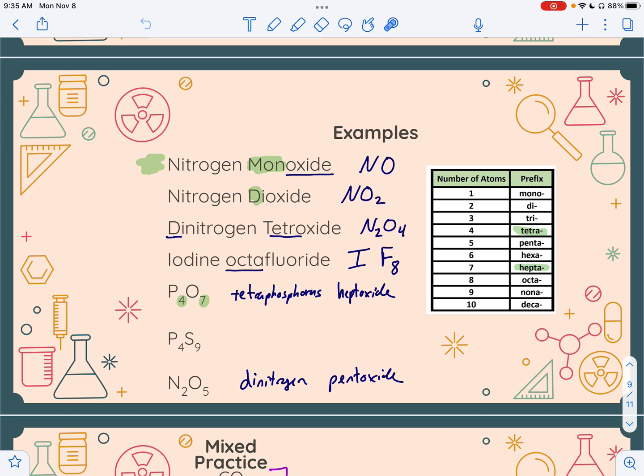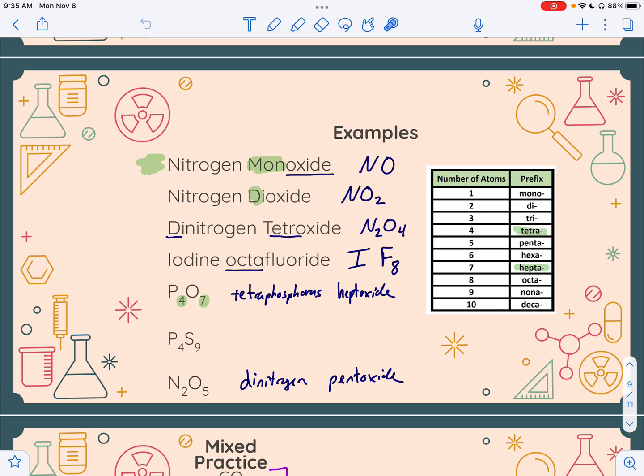I would just say nitrogen dioxide. However, if the first element has more than one, then I do add the prefix. So dinitrogen tetraoxide is N2O4, tetra being the prefix for 4.